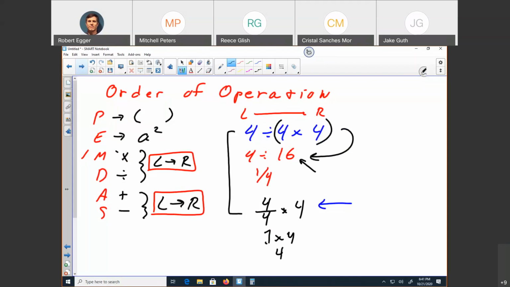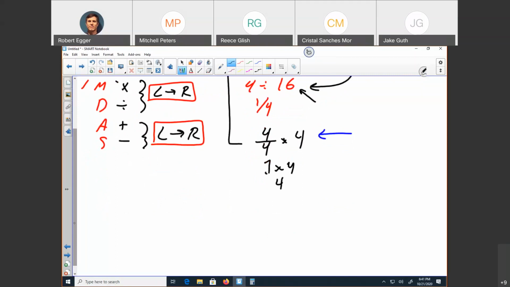So left to right, in the addition subtraction realm: 5 minus 2 plus 4. Why not?